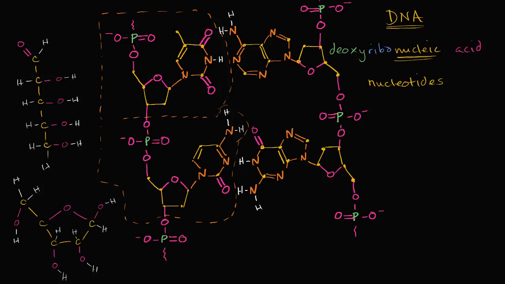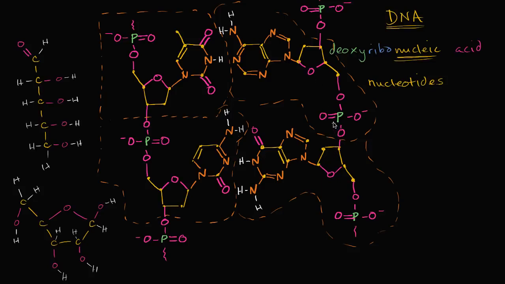And on the right-hand side, we have a nucleotide right over here, and then right below that, we have another nucleotide. So depicted here, we essentially have four nucleotides. These two are on the left side of the ladder. These two are on the right side of the ladder.